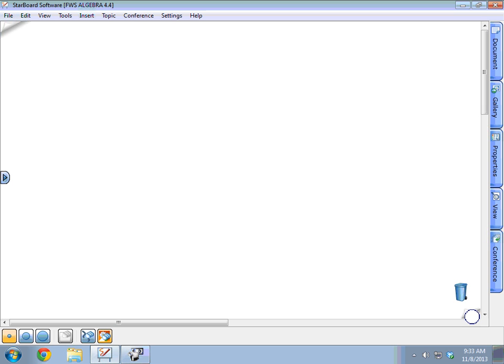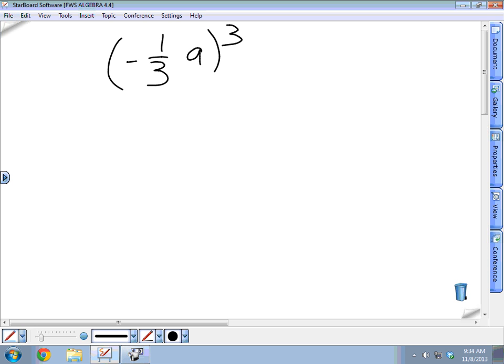It's a negative number, so you have an odd number of negatives. So what are you going to have? Take your time. Oh no, you had the 1/9 was right. Let's check out what you get. Negative 1/3 cubed, A cubed.